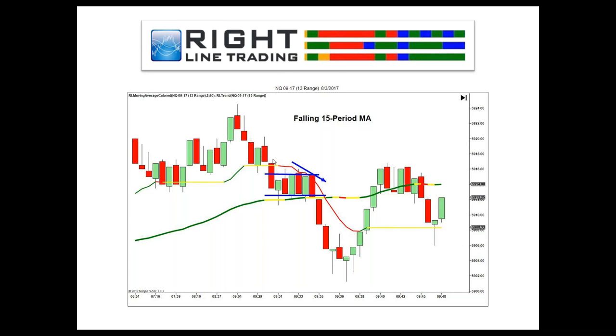So, I don't want to use the background here. I want you to be able to read this without the background bias. I purposely put in very, very few indicators, because there's a lot of people in this course that don't have the software.